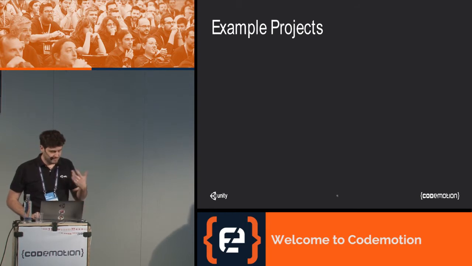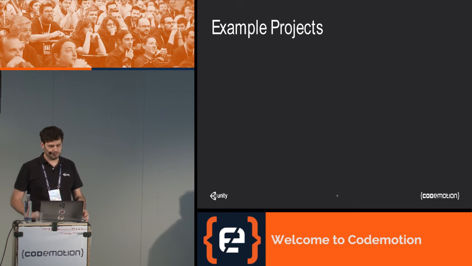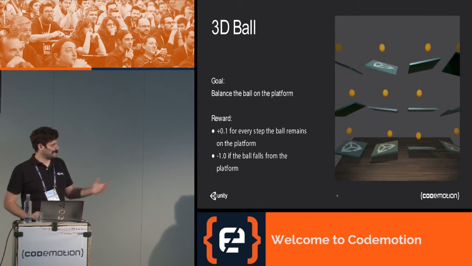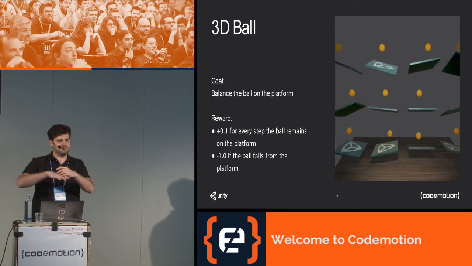Just to give you a quick example of some example projects that I worked on or that are included in the machine learning agents, an example of what you can do with machine learning. This is a very simple one. It's one that comes with the repository that you'll find online. Basically, the goal here is to teach these platforms, which are the agents, to balance the ball that sits on top of them.